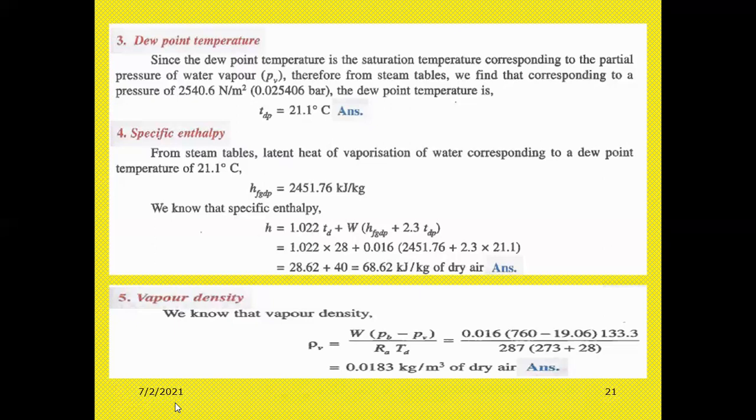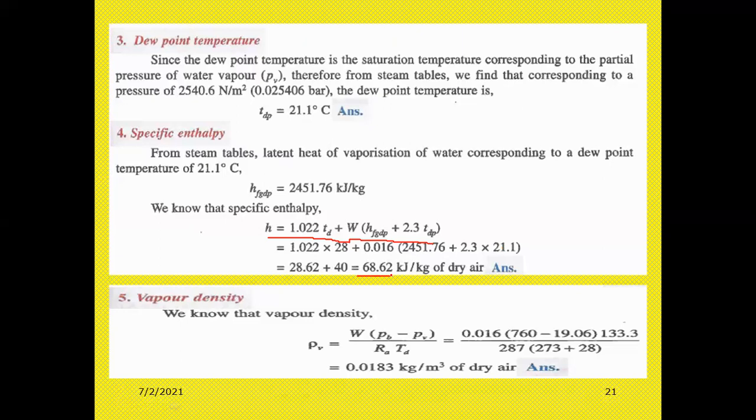The specific enthalpy formula is H is equal to 1.022 TD plus W hfg at dew point plus 2.3 times the dew point temperature. After substituting the values of TD, W and hfg, we finally get H is equal to 68.62 kilojoules per kg.